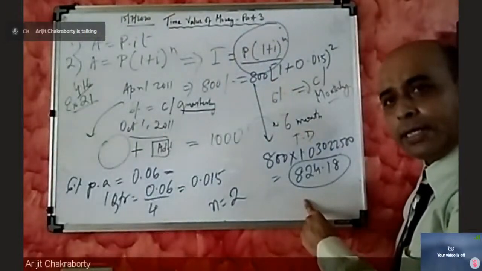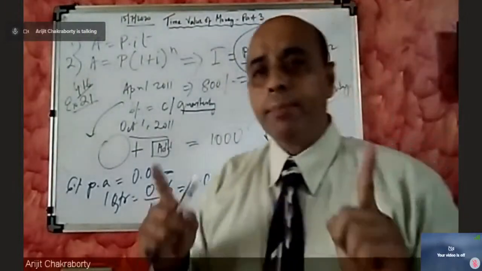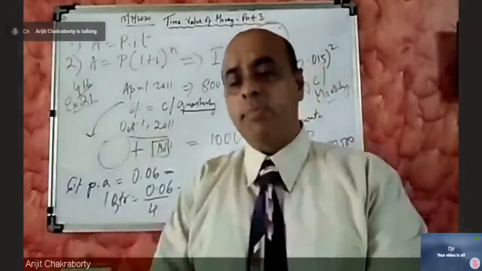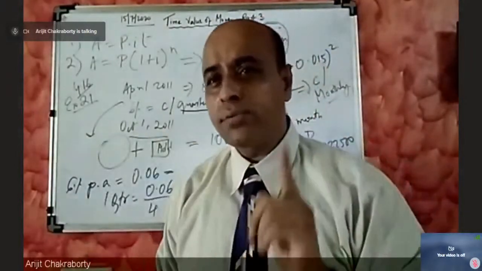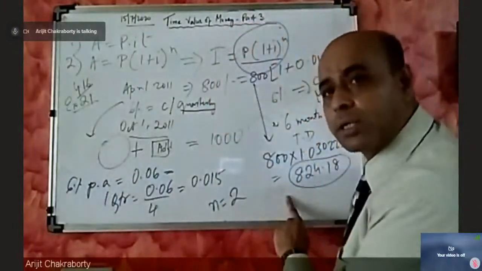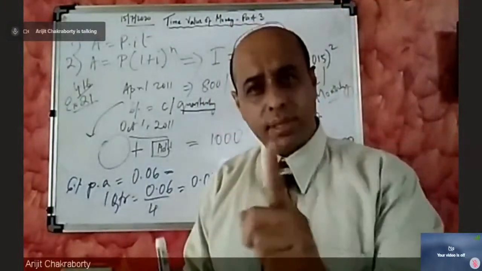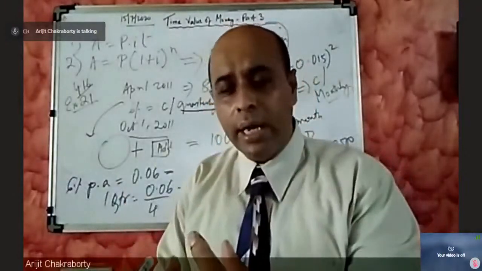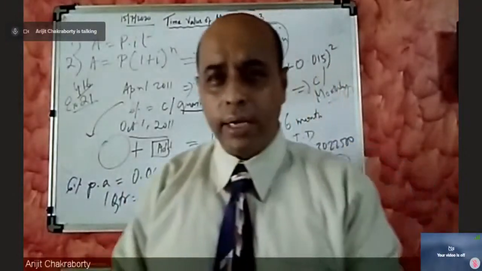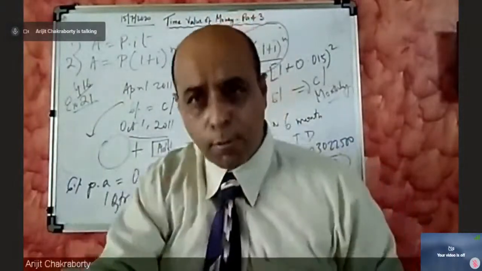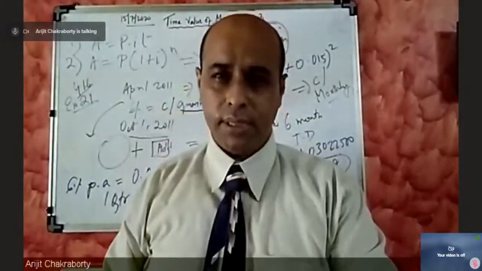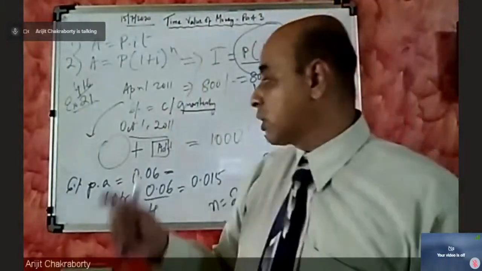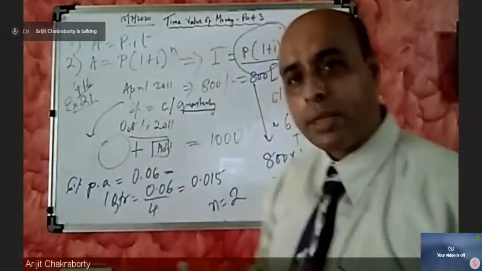So this is the first part, because the question was how much additional money he has put in. On 1st October, this is the amount he got from his first account. He closed the account and put in some additional money from his pocket, and after that he had 1,000 rupees. Very easy.